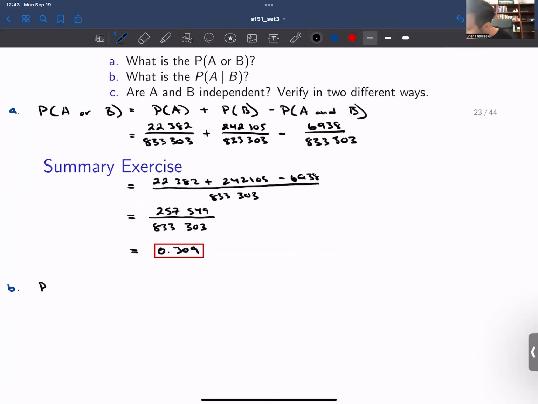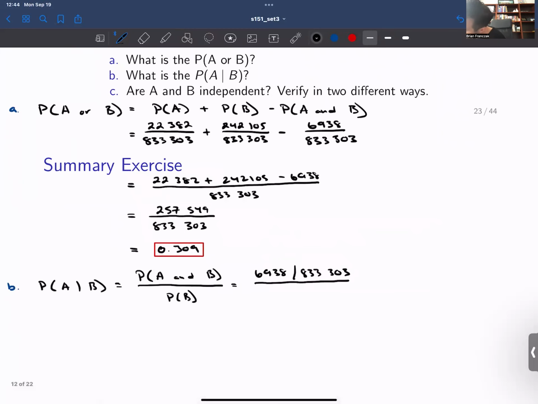All right, so we have the probability of A given B is equal to the probability of A and B divided by the probability of B. So this is going to be 6,938 divided by 833,303, divided by the probability of B, which is 242,105 divided by 833,303.